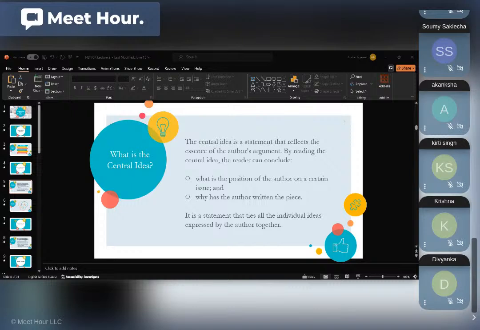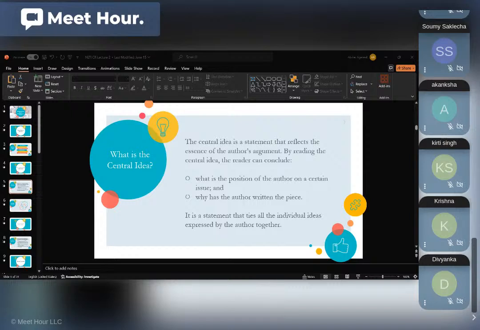If an option says the author believes that the NTA is a very competent body, strike it out. It's not the correct option for sure, because that's not the position the author has taken, right? So that is one question which you need to ask yourself: what is the position of the author?